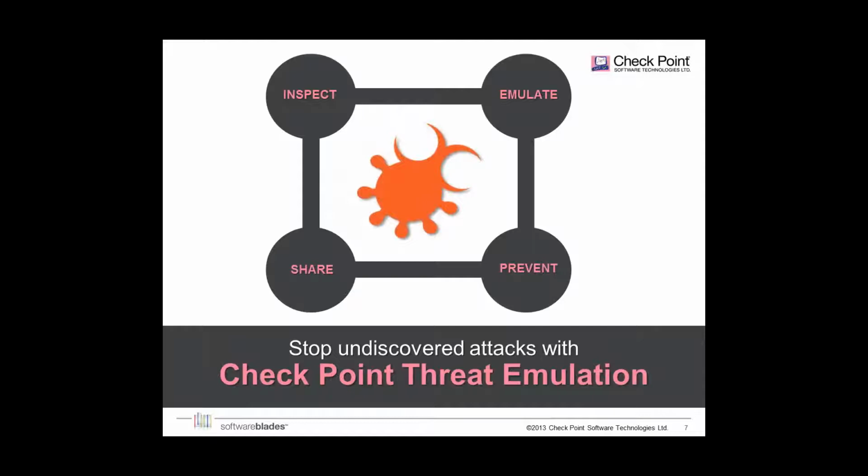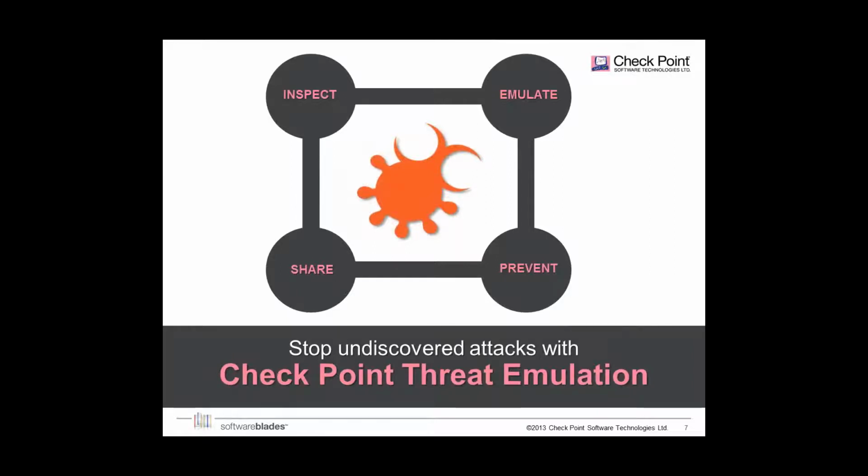So threat emulation has sort of four key features, or four key actions. The idea with threat emulation is it will start with an inspection, to understand what it needs to do on these particular files, understand if there could be some issues. It will then emulate the file, it will sandbox it, put it into a virtual environment, and from there it will make a decision on whether any bad actions are taking place.